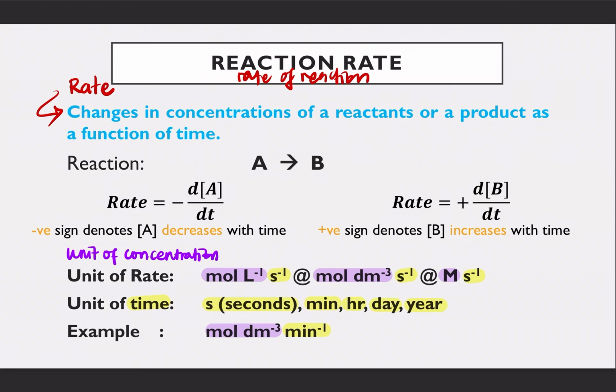So it can be this, mole per liter per second, mole per dm cube per second, or molar per second. So the unit of time can be any of these. Depends lah, dalam soalan tu dia tulis in which unit, so you just follow. Your unit for rate can also be written in this way.